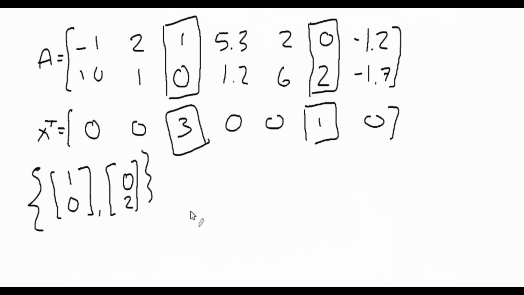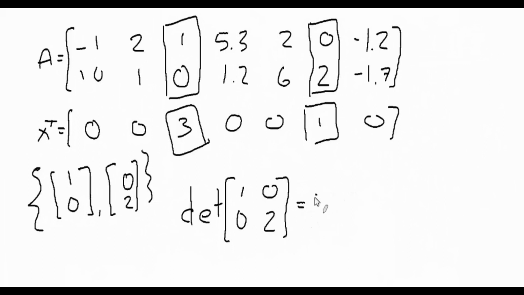Well, you'll recall from earlier problems, we can check that by computing the determinant of a 2x2 matrix that has these vectors, the columns of A that correspond to the non-zero entries of X, as the columns of this 2x2 matrix. 1, 0, 0, 2. This determinant is trivial.